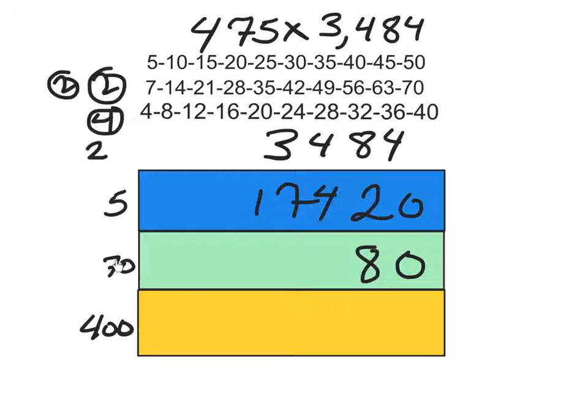And now I've got 7 times 8. And here we go. 1, 2, 3, 4, 5, 6, 7, and 8 gives you 56. Plus this 2 here will give you 58. I'm going to drop the 8, carry the 5, and move along. 7 times 4, 1, 2, 3, and 4 gives you 28.